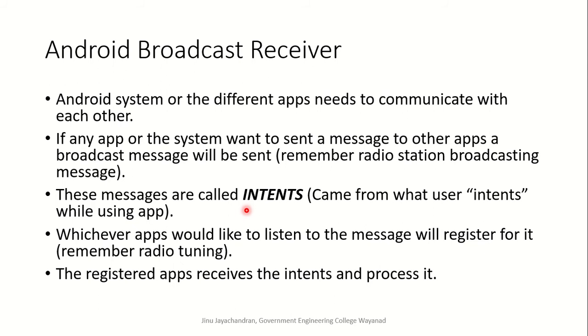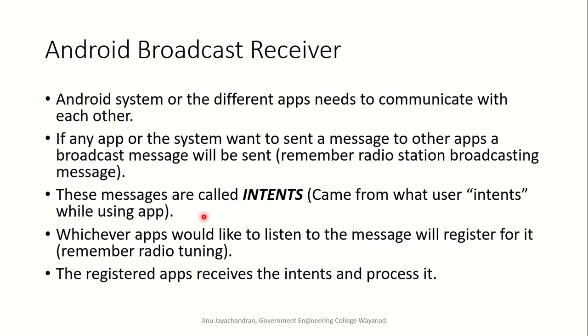Or you are using Instagram: your intent is to share your photo. Or you are using a YouTube app: your intent is to watch a video. So intents are basically the messages that are passed between different apps.